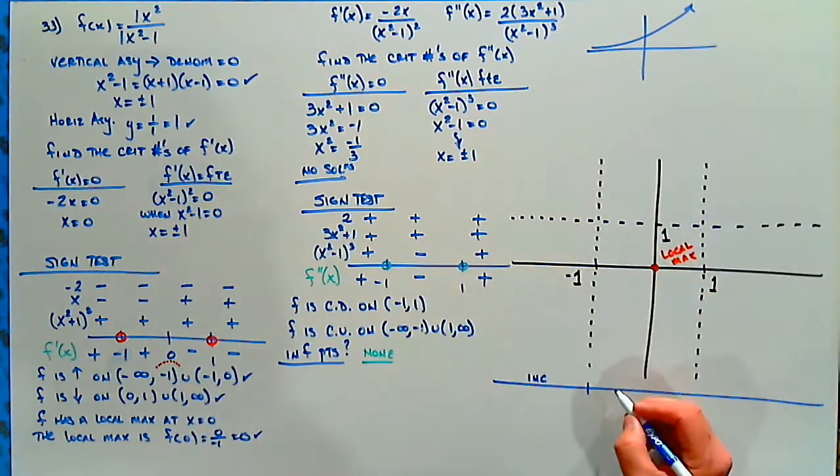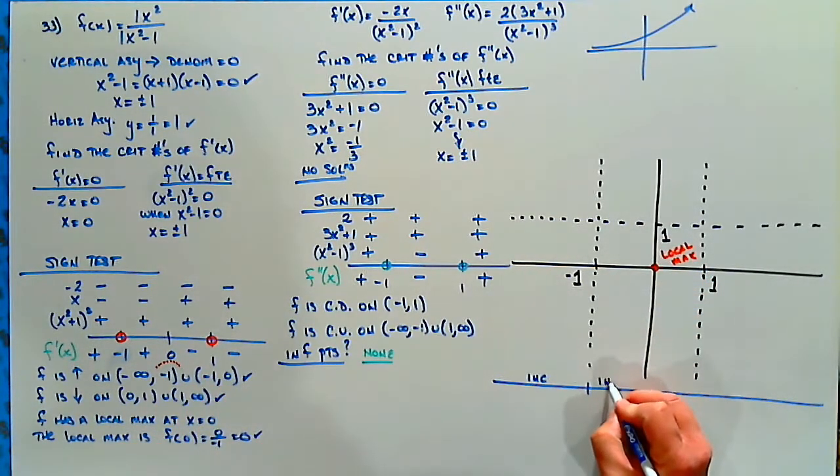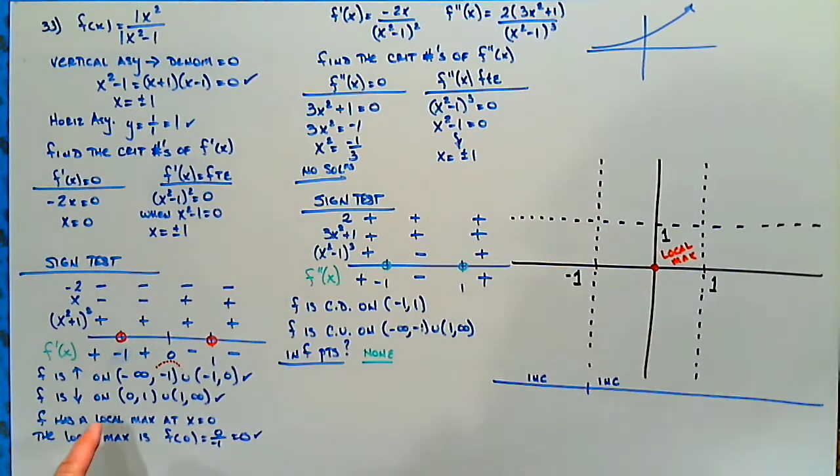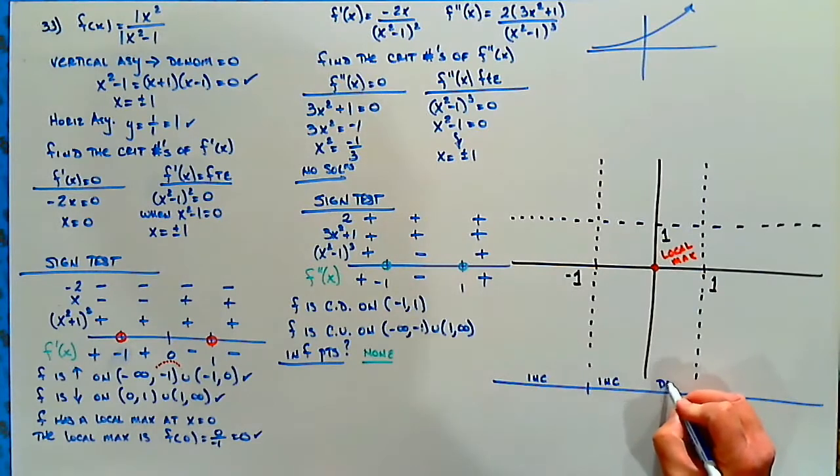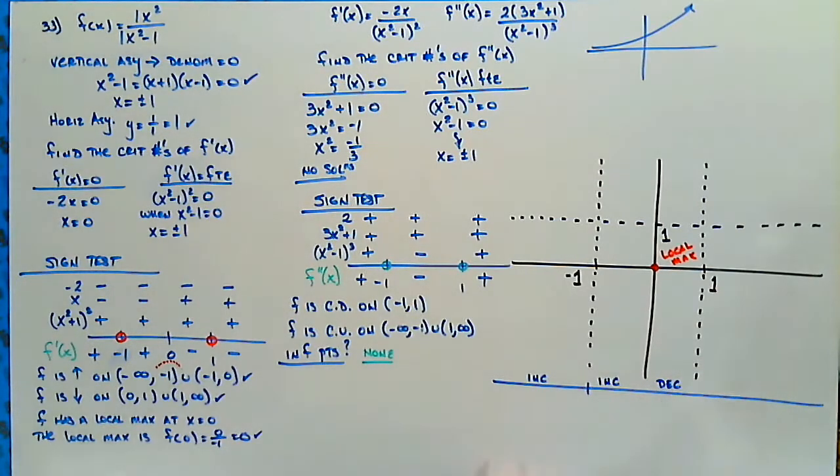But f is decreasing from 0 to 1. So right here, f is decreasing. And then on the other side, f is decreasing from 1 to infinity.